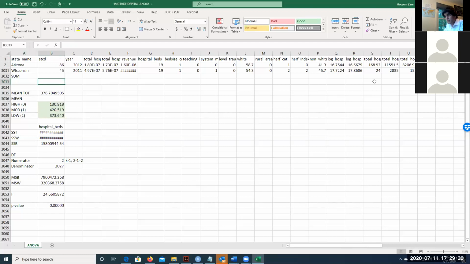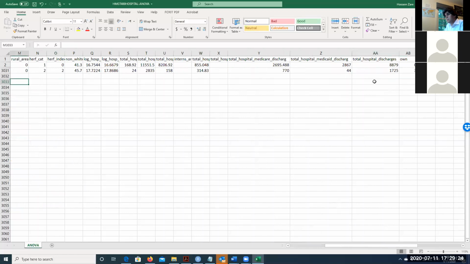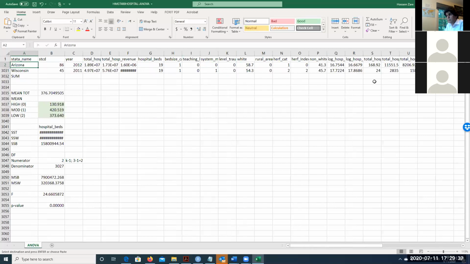So when you're copying and pasting the formula for the ANOVA test? Yes, it looks like I have all the values correct, and for hospital beds it looks exactly as yours does, as well as everything else that you've done. But when I start copying and pasting something that I've had to calculate, for instance the total hospital benefit, I'm getting an error, and I'm thinking it's just something I'm doing incorrectly.